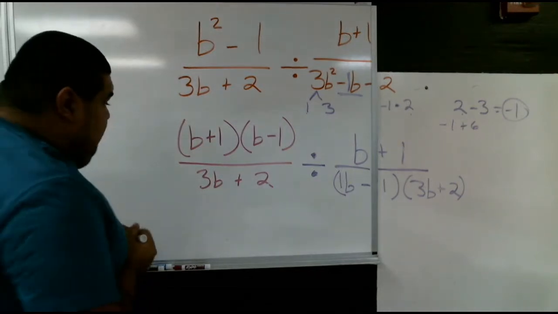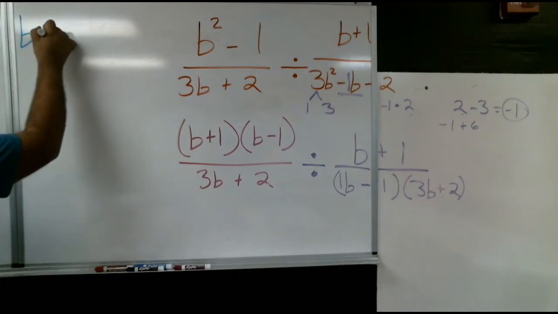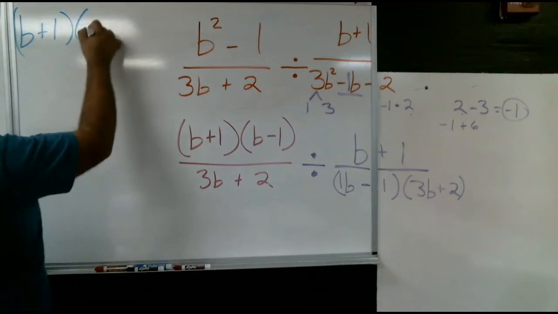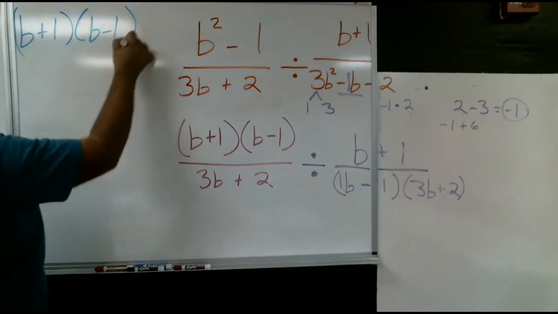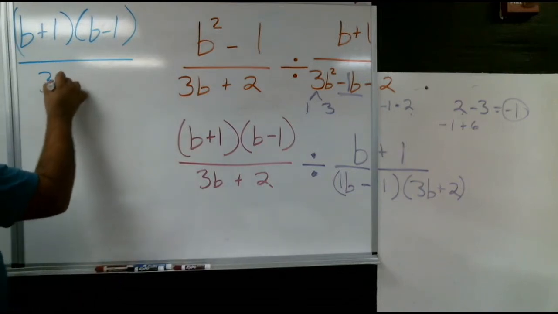So our new problem is b plus 1 times b minus 1 over 3b plus 2, which stays the same.